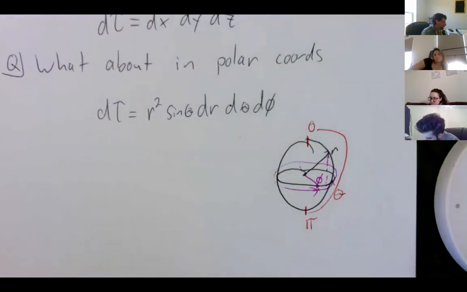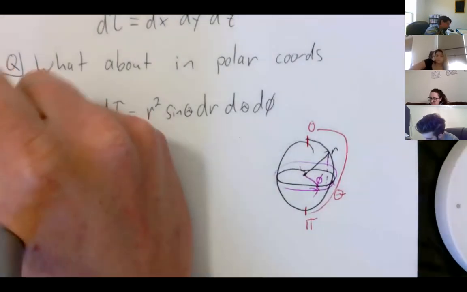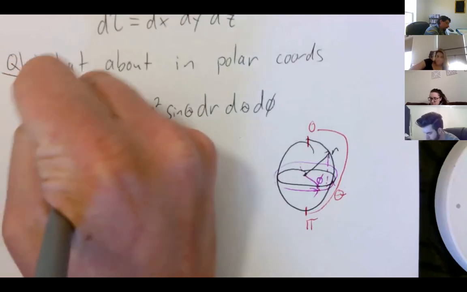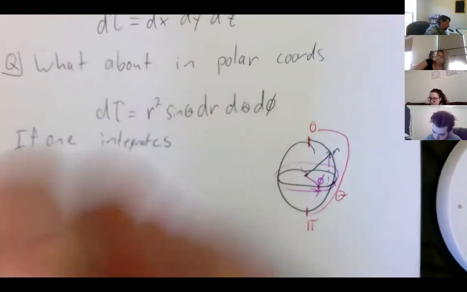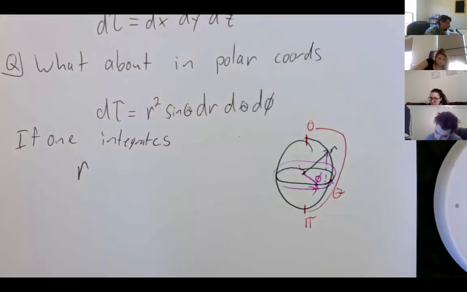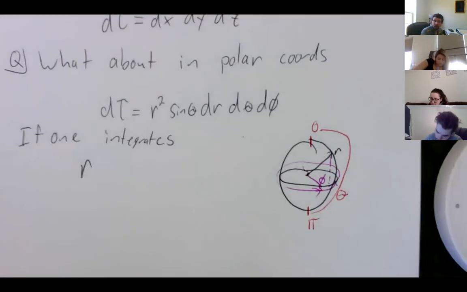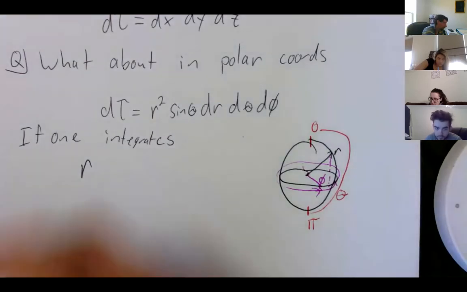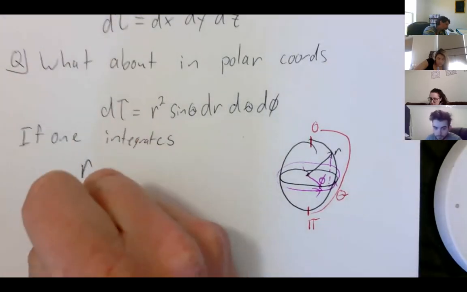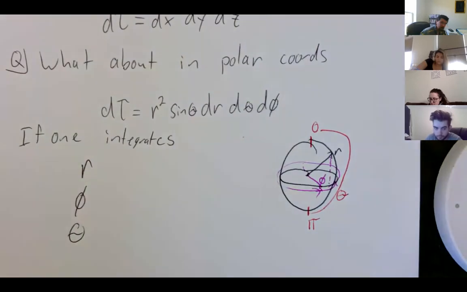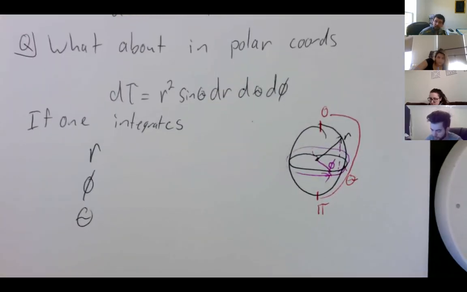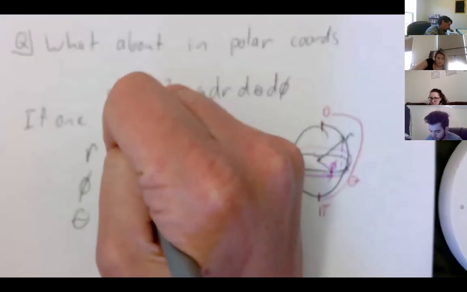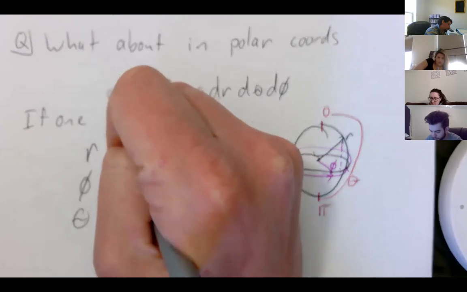Okay, so let's talk about our integration limits. If one integrates, what are we going to go to for r, what are we going to go to for phi, and what are we going to go to for theta? Theta would be 0 to pi.